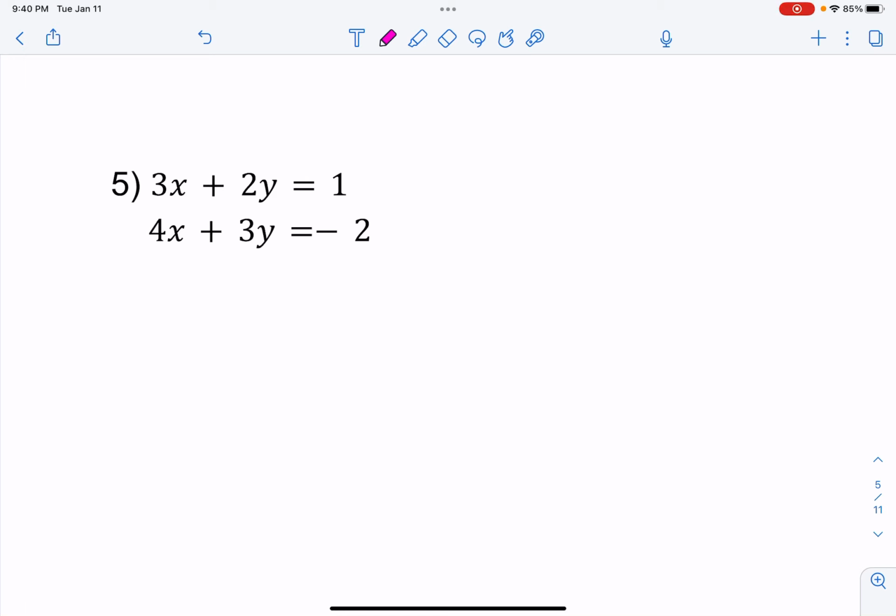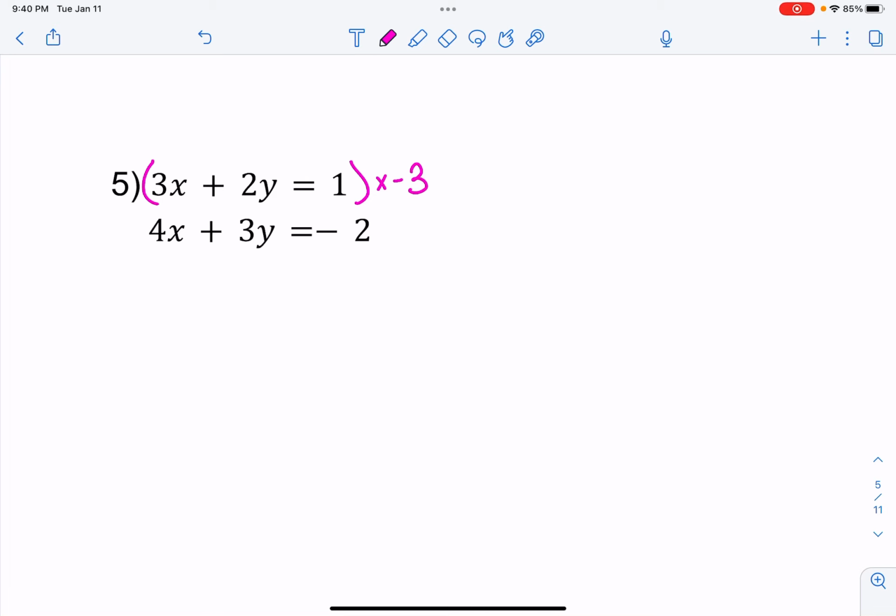Okay, so keep in mind that right now, our y's are both positive. In order to eliminate a variable, one of those has to be negative. And then we've already decided that our greatest common multiple is 6. So I'm just going to go ahead and multiply this top equation by negative 3.